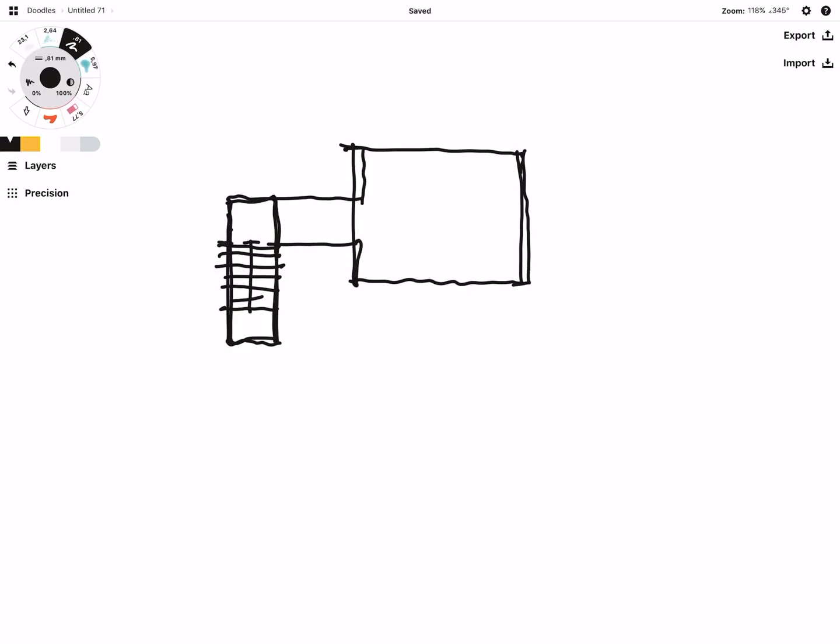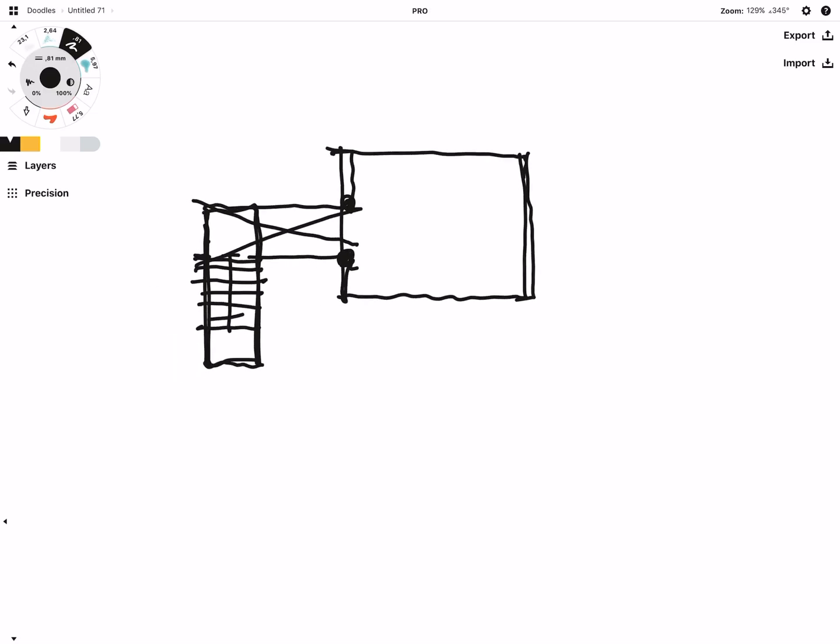What could happen is that this could be quite a strong structural element. To stabilize it, this could be the structure.